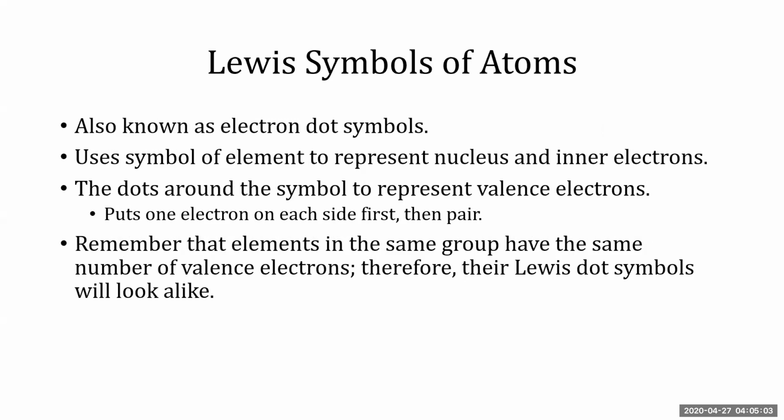Lewis symbols of atoms are represented by a symbol of the element surrounded by electrons as dots. Start with 1 electron per side before pairing up. These electrons represent the valence electrons around the atom.